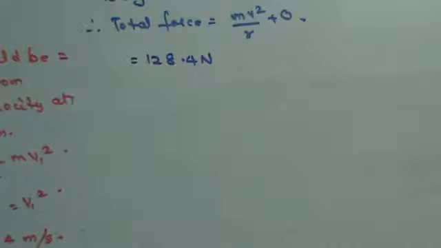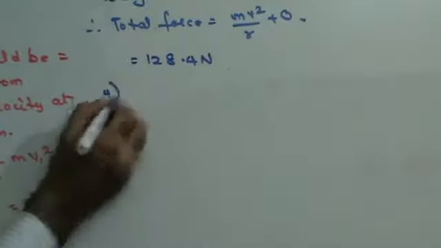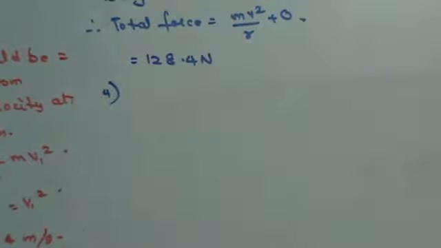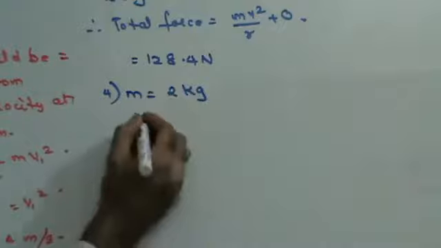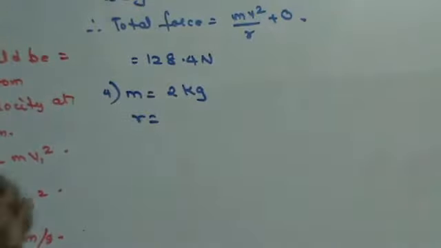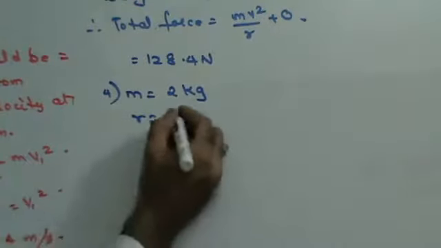Next, let's see the next sum, right? Take out the next sum, please. A stone of weight 2 kgs is moving in a vertical circle of 1 meter.